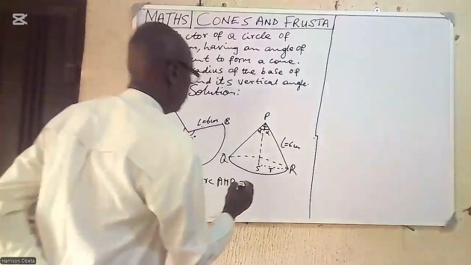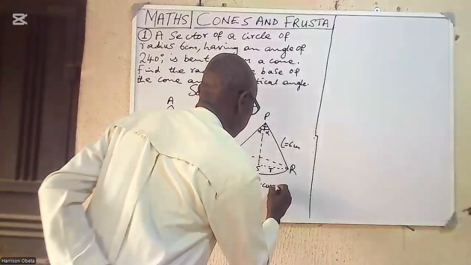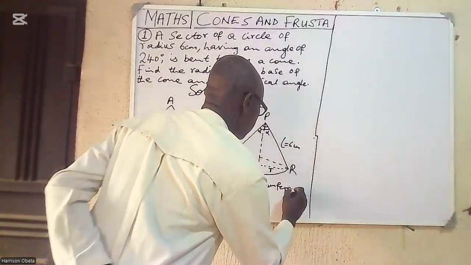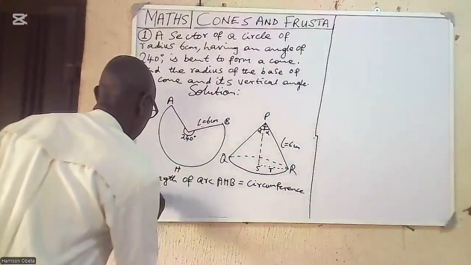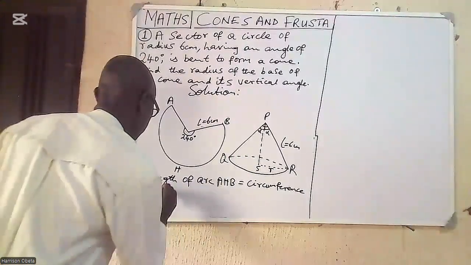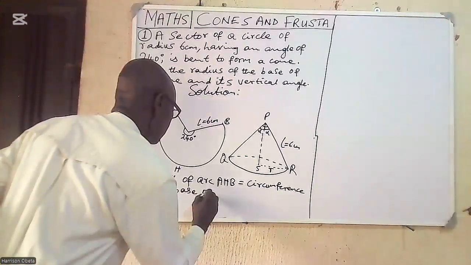is equal to the circumference of the base of the cone.